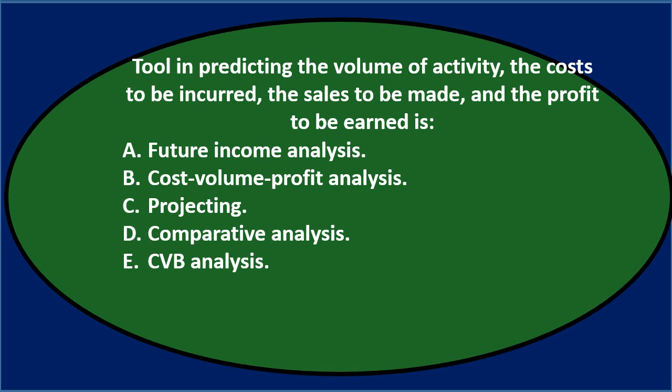A tool in predicting the volume of activity, the cost to be incurred, the sales to be made, and the profit to be earned is future income analysis. That sounds kind of right, so we might keep that for now. B says cost volume profit analysis. That's like the name of what we're doing, so we're going to consider that might be an answer.